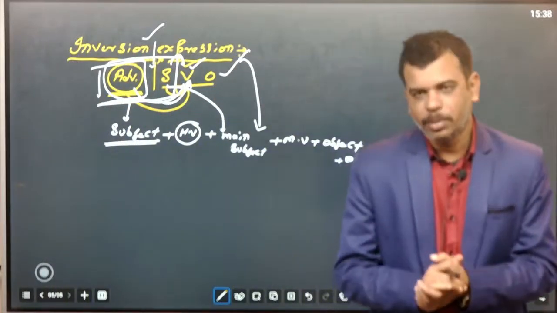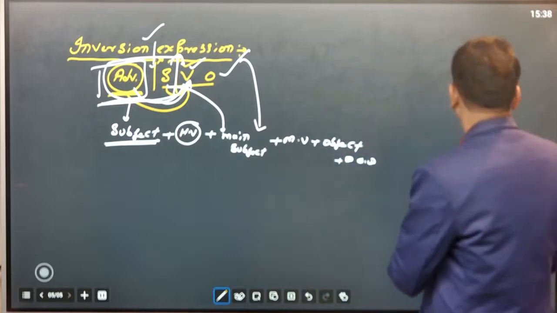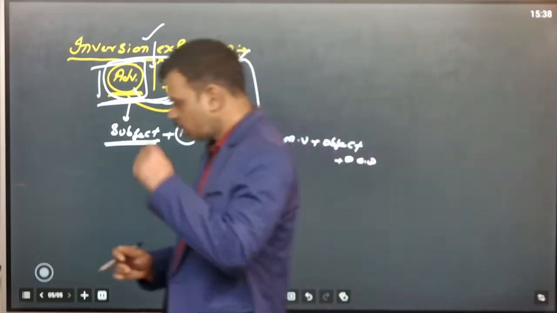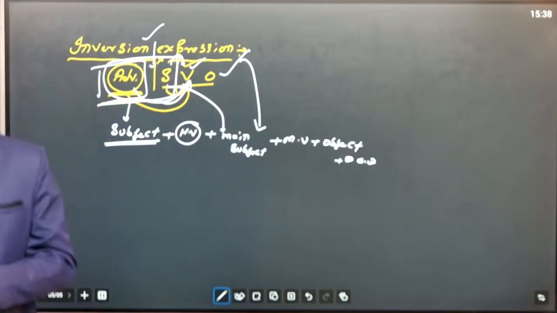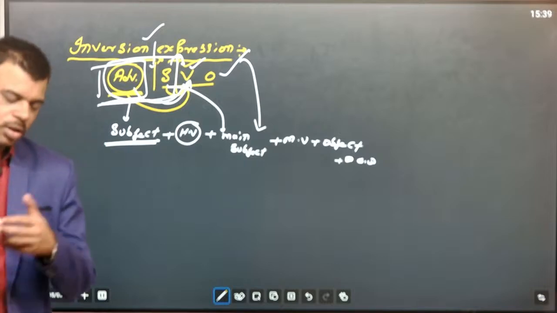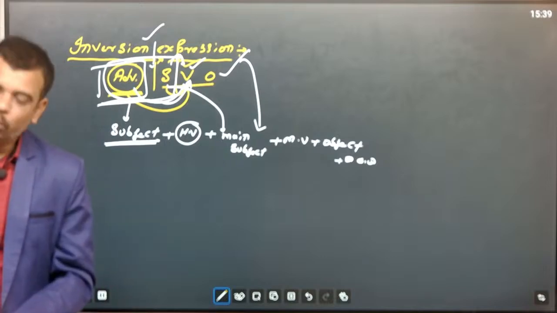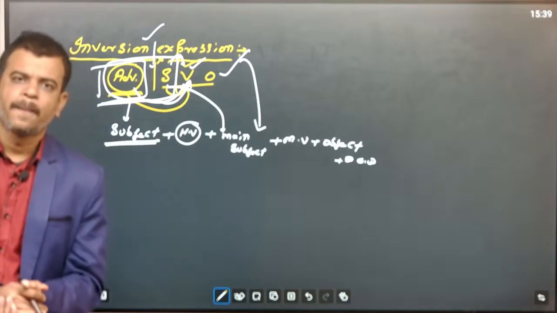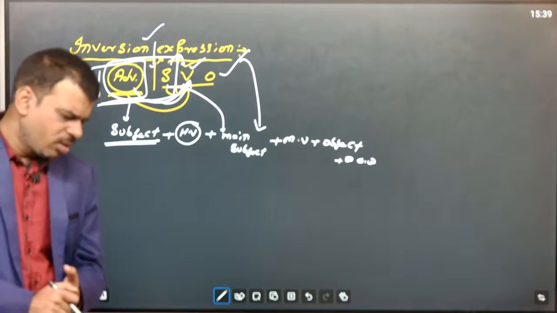So my dear students, here I am going to give you a few examples on the basis of inversion expression, and you must be attentive and focused on in what manner you will receive the questions, and what are the strategies, the techniques, the concepts, the conditions by which you can solve them, because these sorts of questions are really confusing. Okay, let's start.